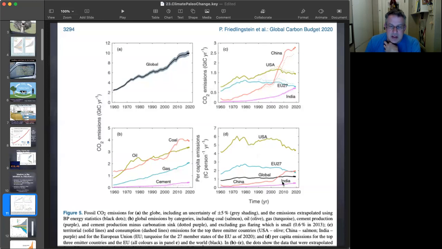India is much lower. Global is lower, somewhere below the EU and China right now. So what this says is that it's not only the fact that these are big countries with big economies. The USA is leading because the lifestyle of an American is different than the lifestyle of someone in the EU, someone in China, someone in India.